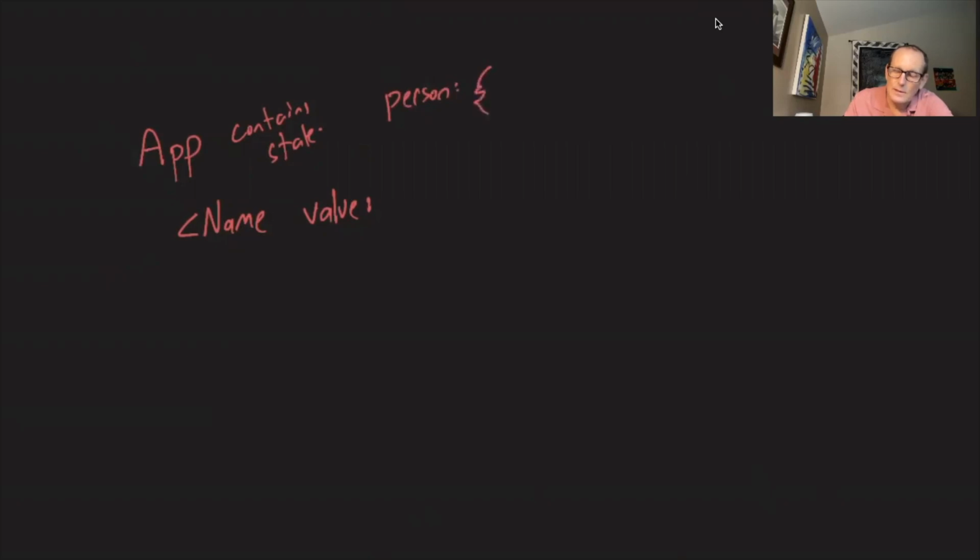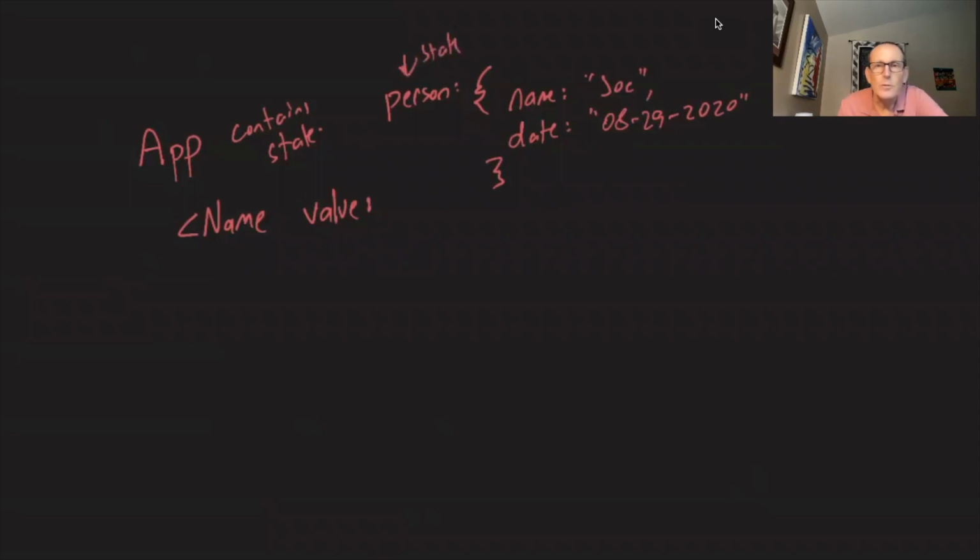And it's going to have a name field. Let's call it Joe. And a date field. And let's say this is 08/29/2020. Okay, so this person is state. So we would have a useState, and that would create us a person and a setPerson.